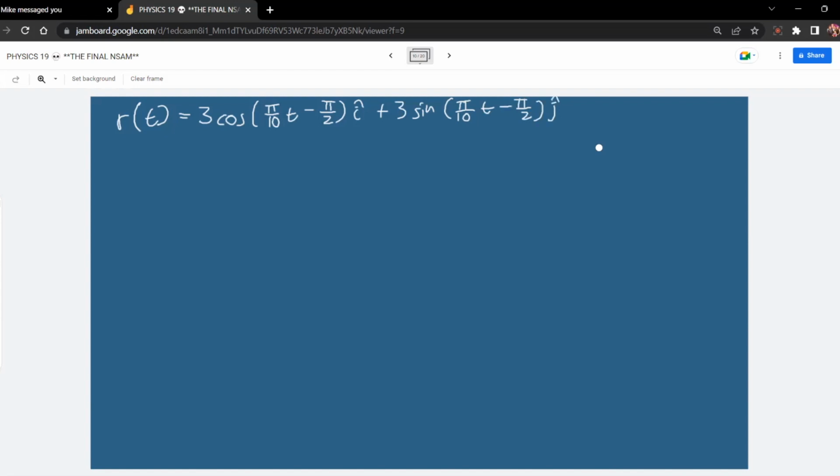Ngayon, yung vector sign over small r, importante yung notation dyan. Kasi pag mukhang magnitude yan eh.